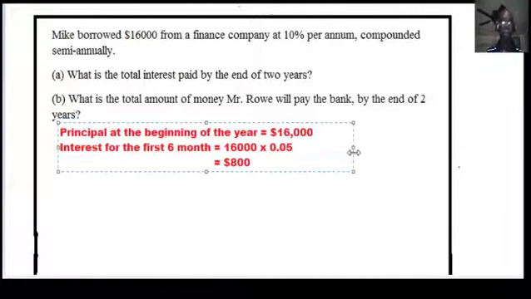Interest for the first 6 months in year 1 equals 16,000 times 0.05.